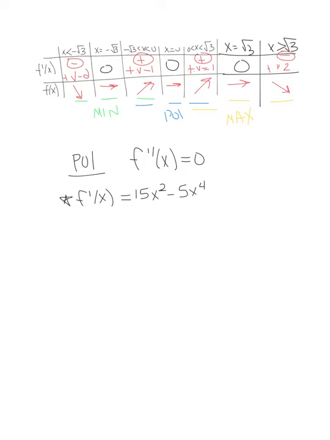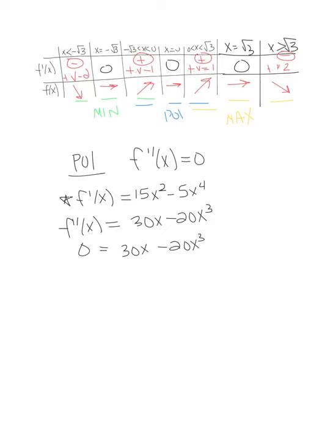The last thing that we had to find was the points of inflection. So remember, the points of inflection occur when the double derivative is set equal to 0. Just so we remember it, I rewrote the derivative here for us. This means that our double derivative is going to be 30x minus 20x cubed. And then I'm going to set that equal to 0.